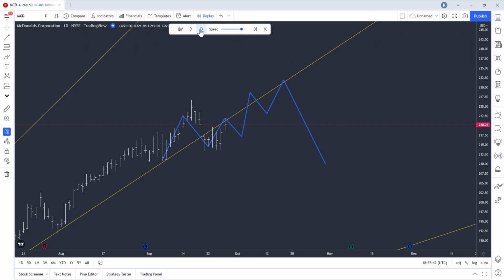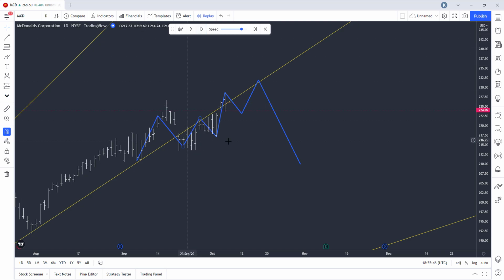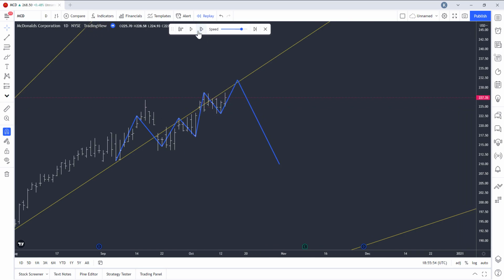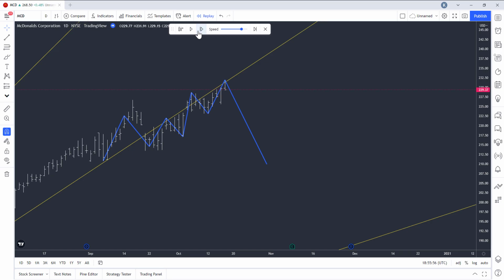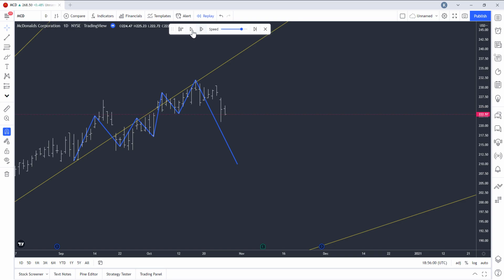And we see the price is going up and down around this angle, and finally it actually went a lot far from this angle.